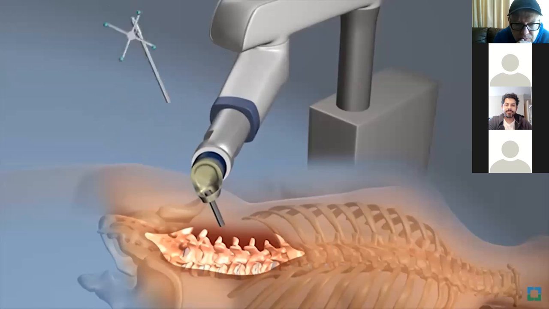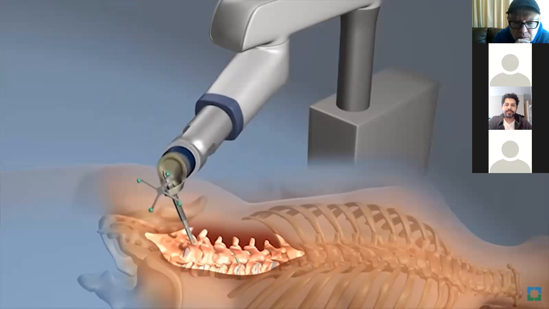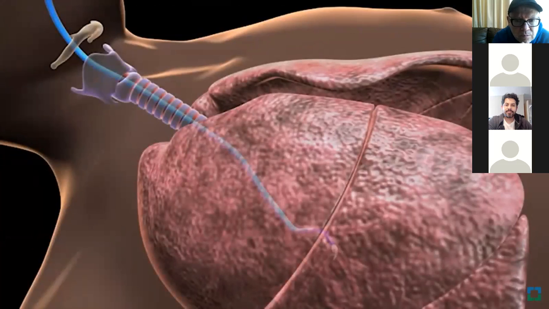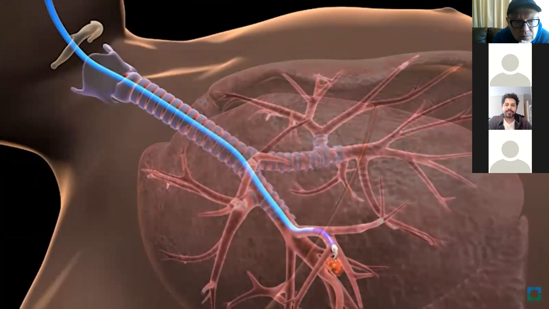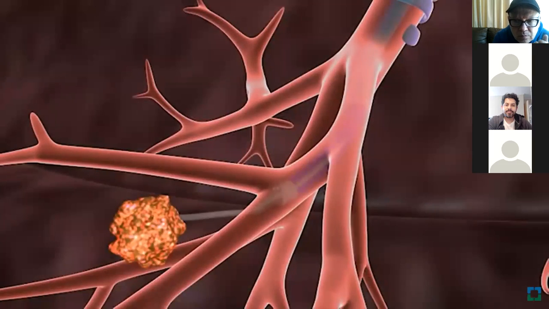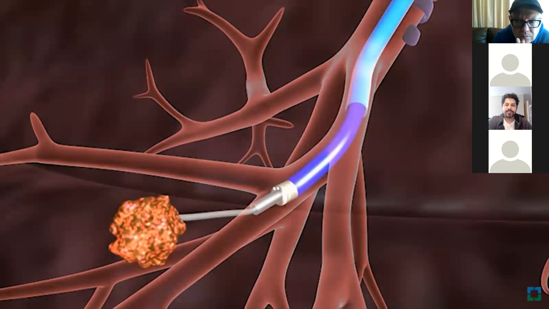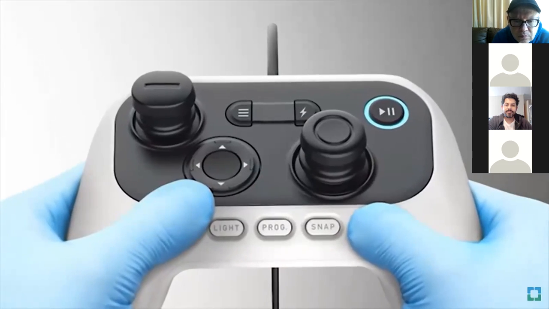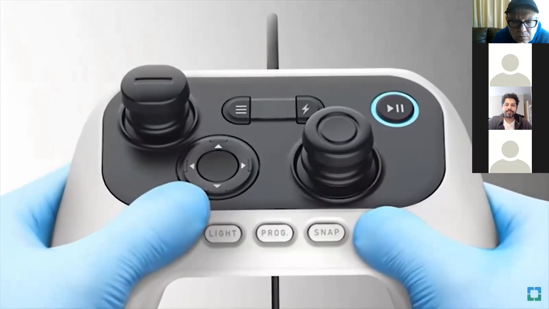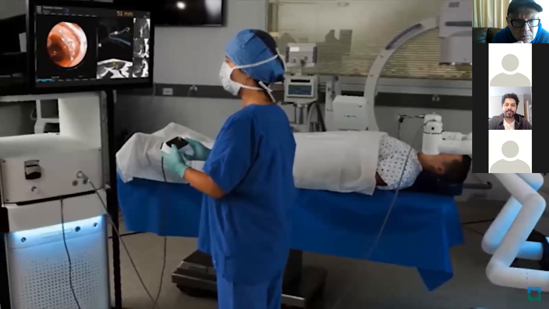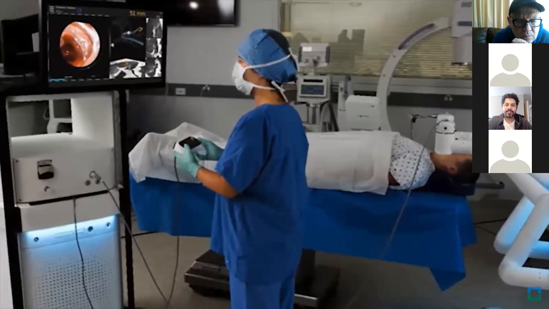Precision surgical arms designed for proper instrument positioning and implantation during spinal surgery increase surgeon precision. Automating the bronchoscopy process avoids incisions with the insertion of flexible tubes through the body's natural openings. Using a controller-like interface, this advancement increases accuracy and safety while decreasing invasiveness and cost.